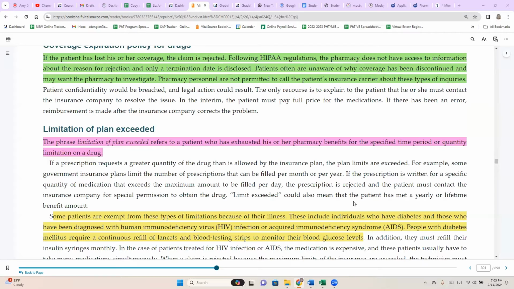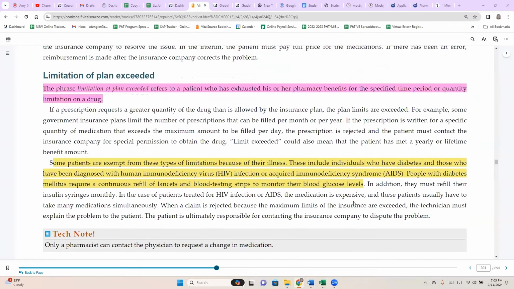For example, some government insurance plans limit the number of prescriptions that can be filled per month or per year. If the prescription is written for a specific quantity of medication that exceeds the maximum amount to be filled per day, the prescription is rejected and the patient must contact the insurance company for special permission to obtain the drug. Limit exceeded could also mean that the patient has met a yearly or lifetime benefit amount.